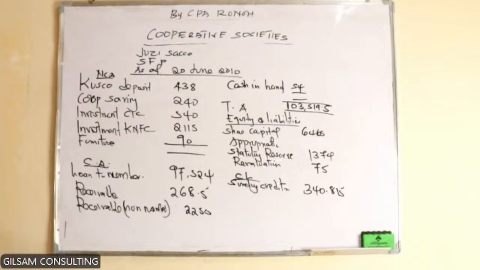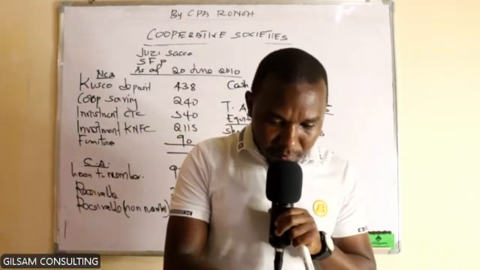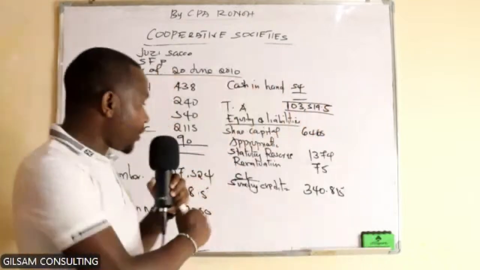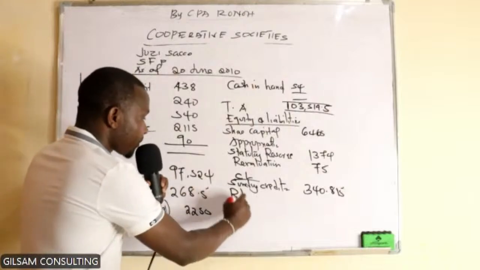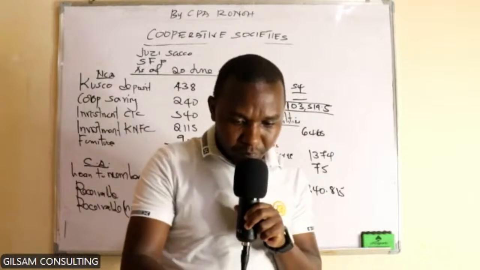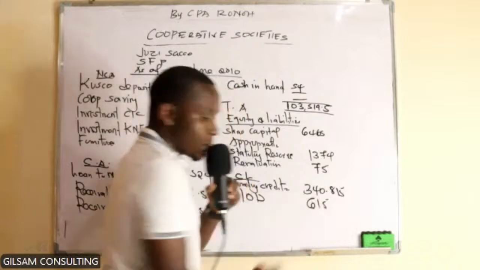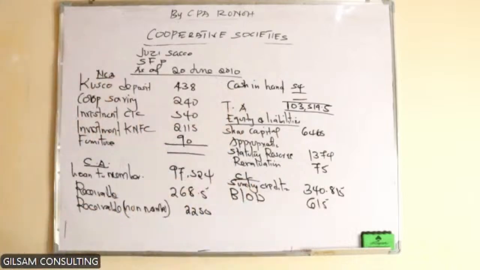liabilities. Then after sundry creditors, what else do we have? Bank overdraft, bank OD, bank overdraft 615, bank overdraft of 615.